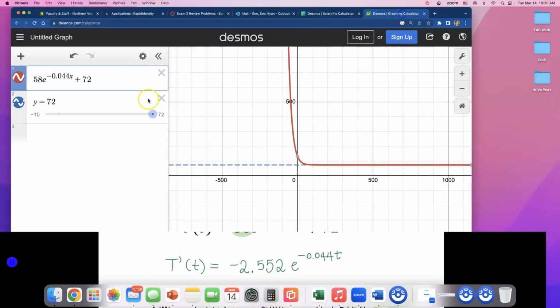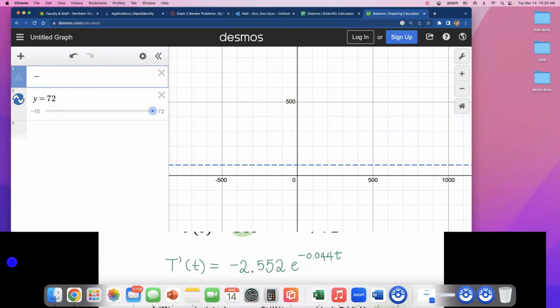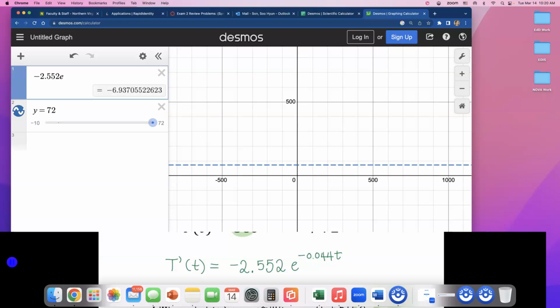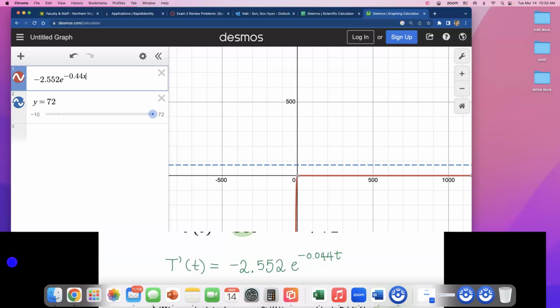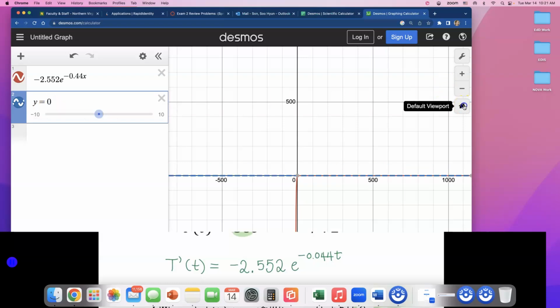We can graph not the original function, but that derivative function, negative 2.552 e raised to the negative 0.044. Instead of t, I'm going to plug in x because that's what Desmos uses to graph. And my answer was that this function will have a horizontal asymptote at 0.